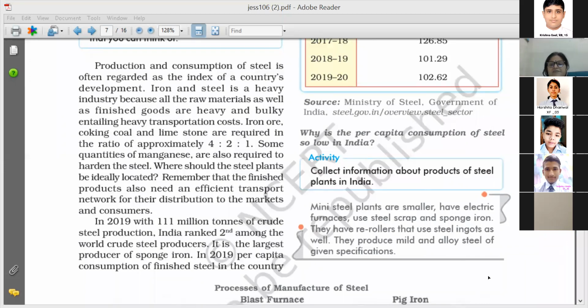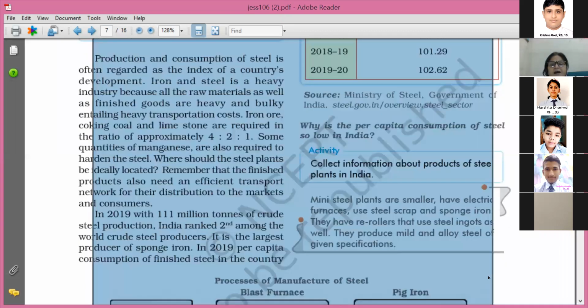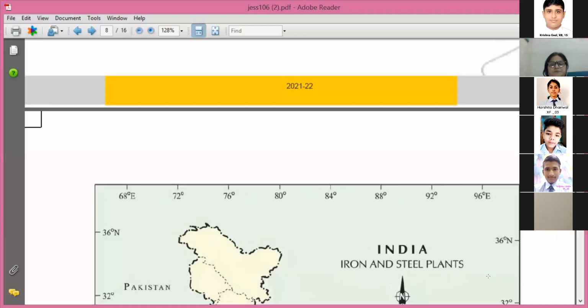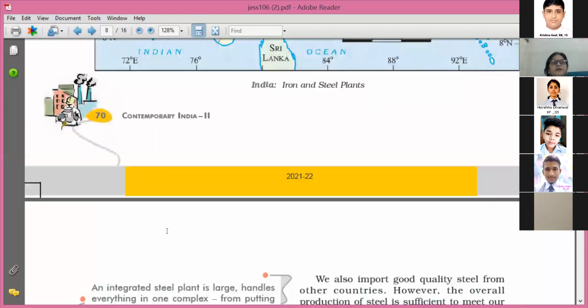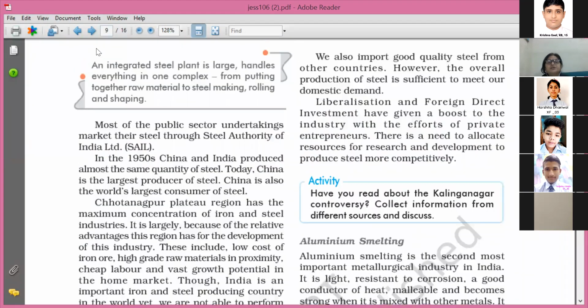After that, we have integrated steel plants. These are the plants where we produce steel on a large scale, and everything is done in one complex, from putting together raw material to steel making, rolling and shaping.